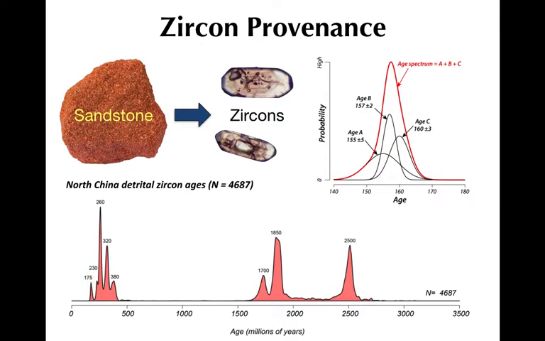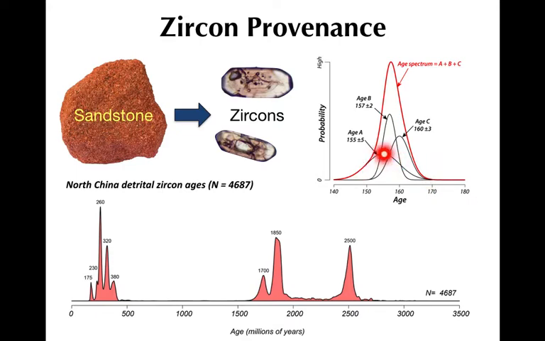Each of the numbered peaks here is the most probable age of the source rock from which these zircons were derived. Now, how I constructed this plot was I took each individual age and its uncertainty, or error, and I drew that as a normal curve.